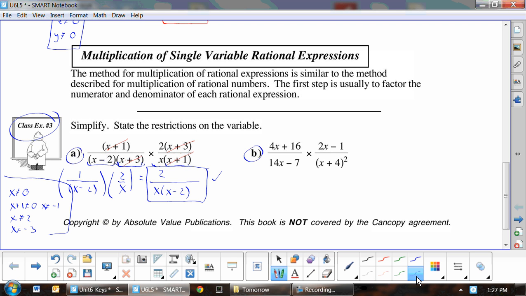Did we see one of those anywhere? Sam, can you tell us where? Okay, so when we're looking for GCFs, we're just looking for within one portion. Okay, so maybe check this first fraction here.